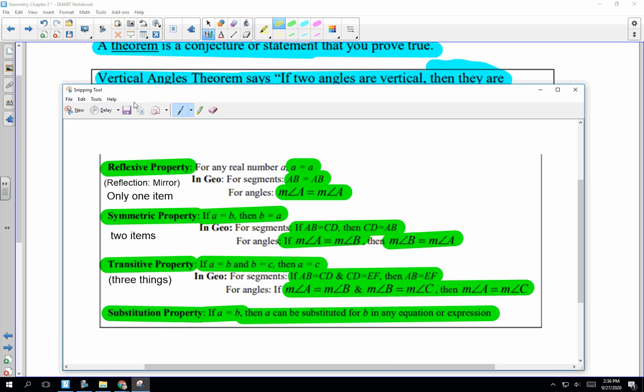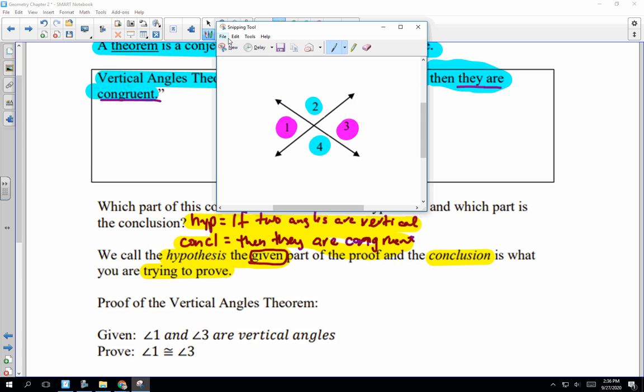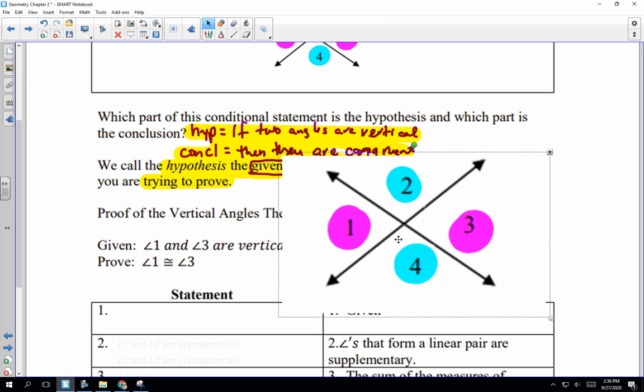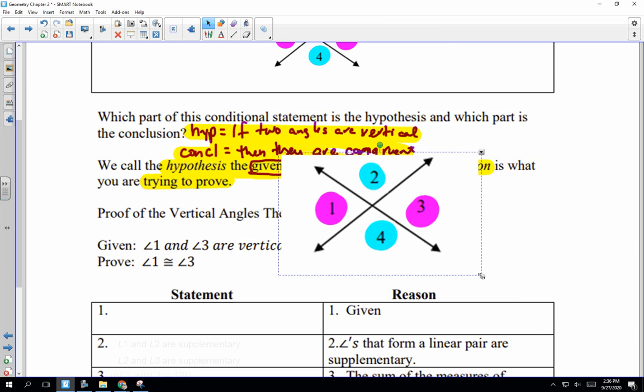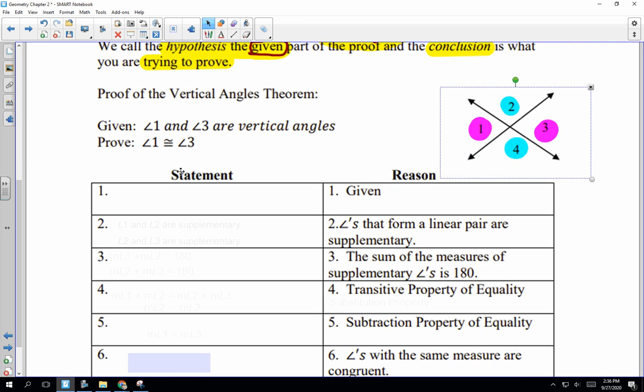I'm going to go ahead and snip this picture so that we can have it down below when we're going through this proof, we have a visualization. Because you know me, I'm a visual learner. So angle 1 and angle 3 are vertical angles. Check. We know that is given.